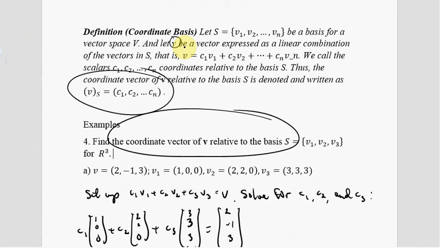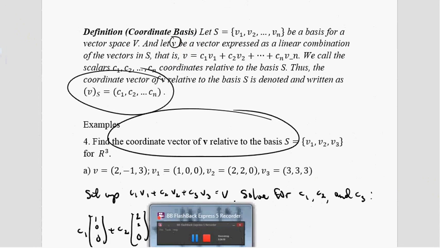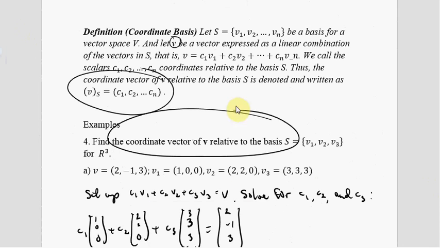So that's simply saying that once you set up v as a linear combination of v1, v2, and v3, what are those scalars that produce that? What is c1, c2, and c3? Again, in other words, just solve the system. And when you solve the system, those values you get will be those coordinates relative to the basis. Okay. Any questions?